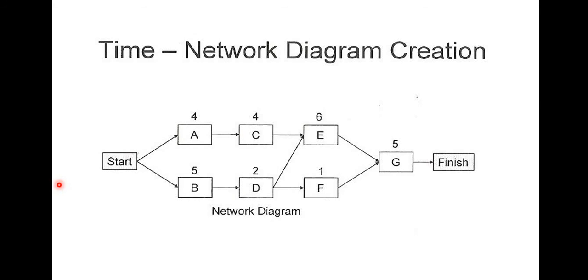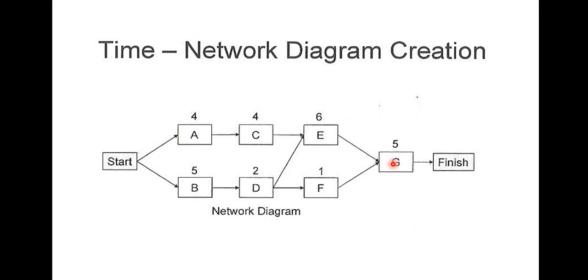The first path noticeable on this network diagram is ACEG, start to finish. Or BDFG, start to finish. Another one, BDEG, start to finish. So these are the three paths on this network diagram.